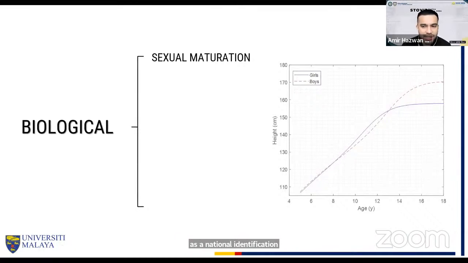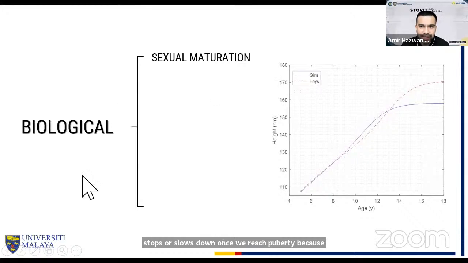And biological, this is only a few of the biological indicators that are associated with chronological age. But sadly, most of our biological age stops or slows down once we've reached puberty, because the development is not as advanced as when we were younger.